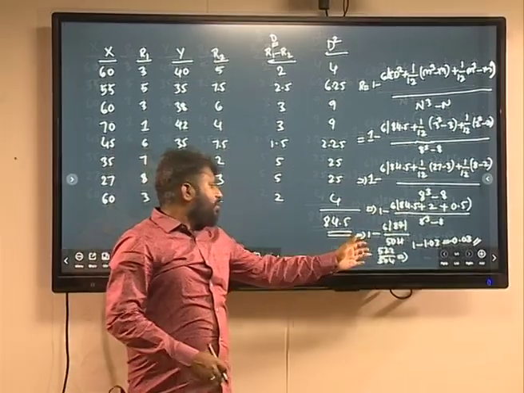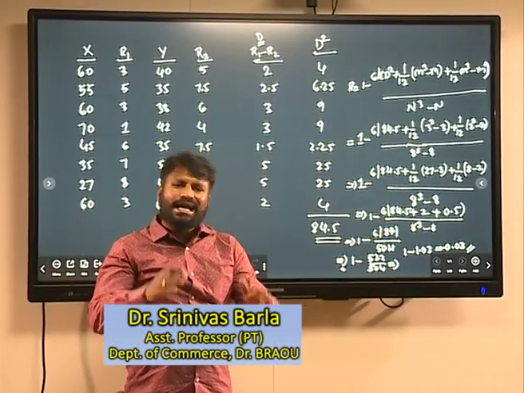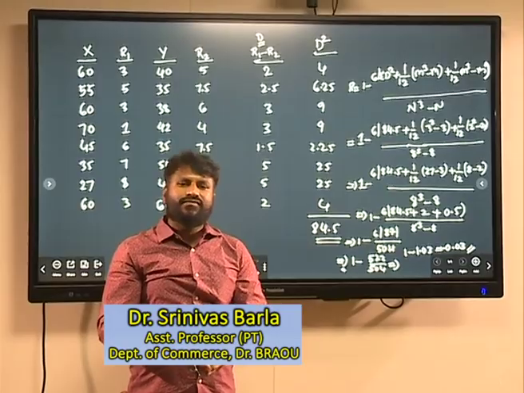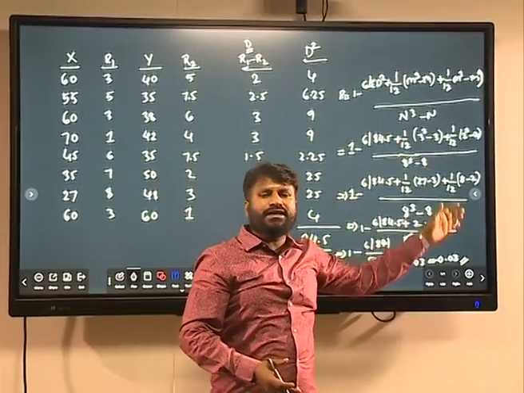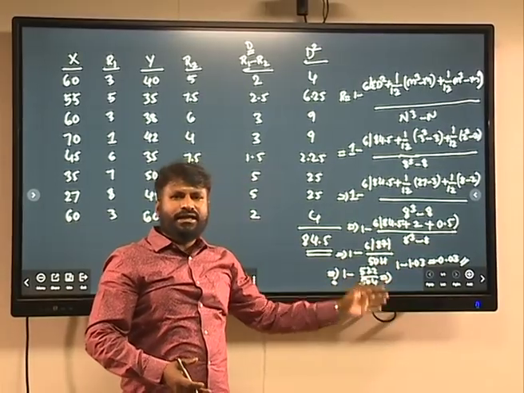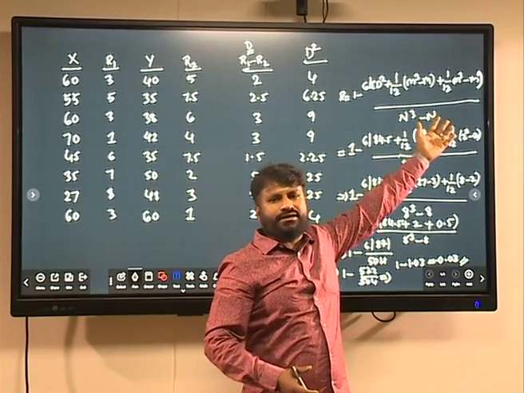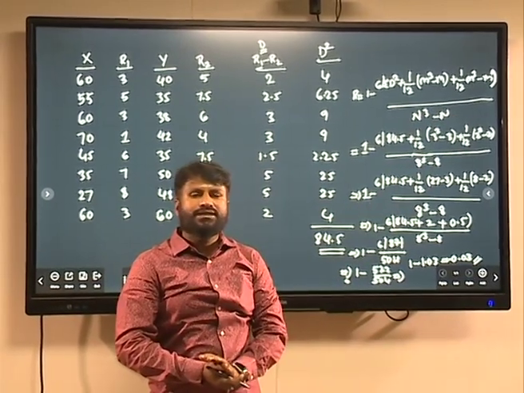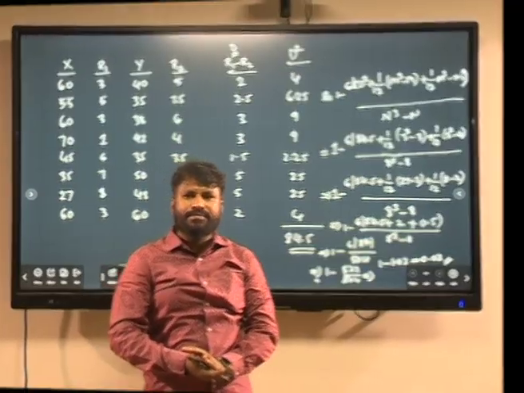So, this is the way to calculate the correlation when the ranks are repeated. We have to use this formula, then we can calculate the correlation. Here, for the number of repeated ranks, that many terms we are going to take. This is the correlation according to the Spearman rank correlation. Thank you.